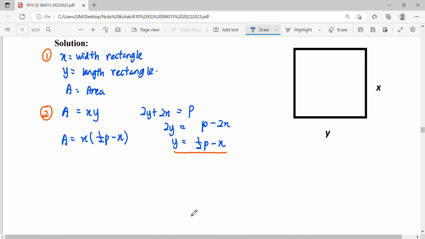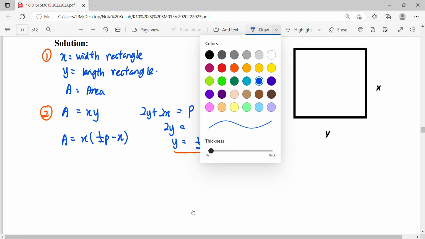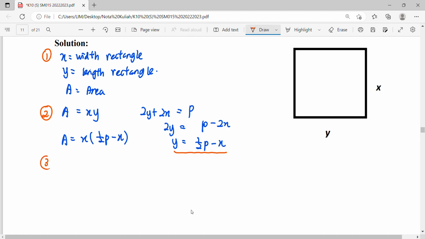So step 3, we find out the critical number here. We differentiate A with respect to x. Expanding this, A is 1/2 px minus x squared. Differentiating, the 1/2 p is a constant, though no number is given for it. Differentiating x squared, we get 2x.